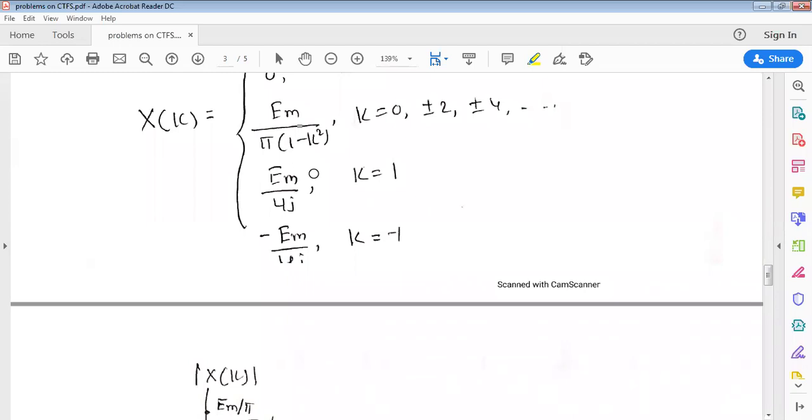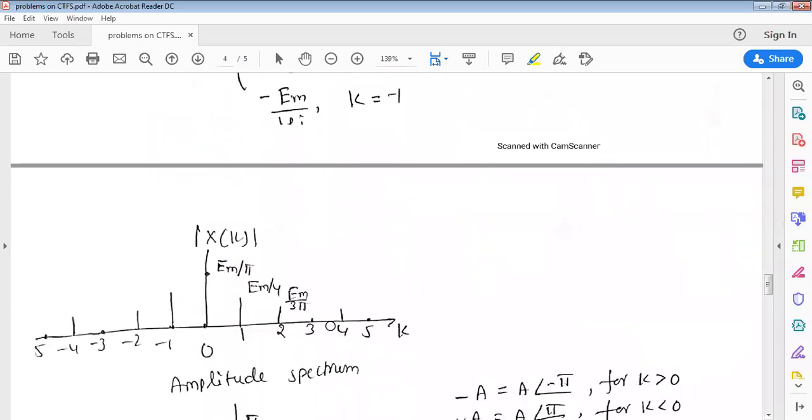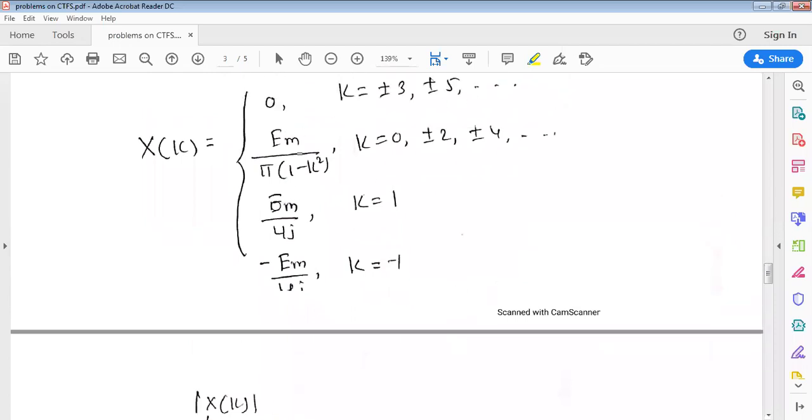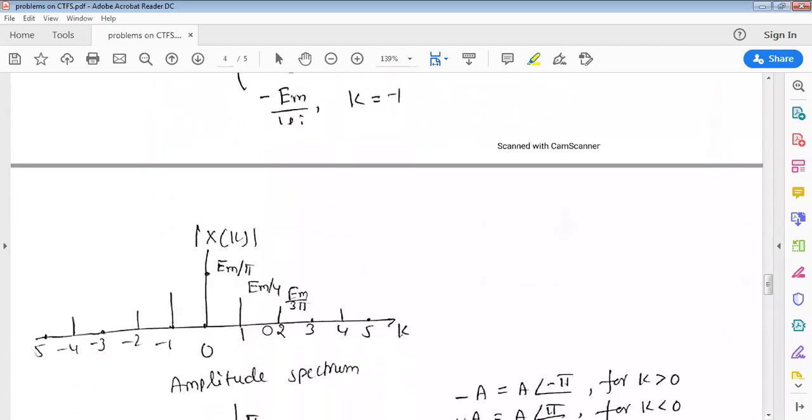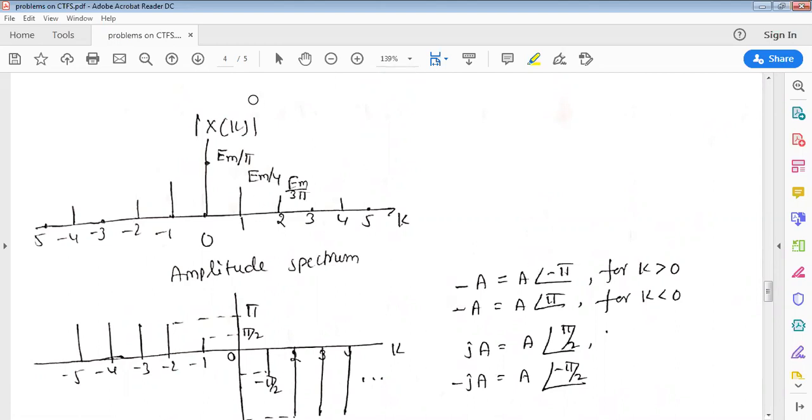So minus Em by 3 pi, that is, magnitude is Em by 3 pi, that is written here. Similarly, at 4, you are going to get some value. At 6, you are going to get like this. Next, when k equal to 1, it is Em by 4. This is shown here. At minus 1 also, it's Em by 4. So same Em by 3 pi at 3, and this angle repeats. This is your amplitude spectrum.